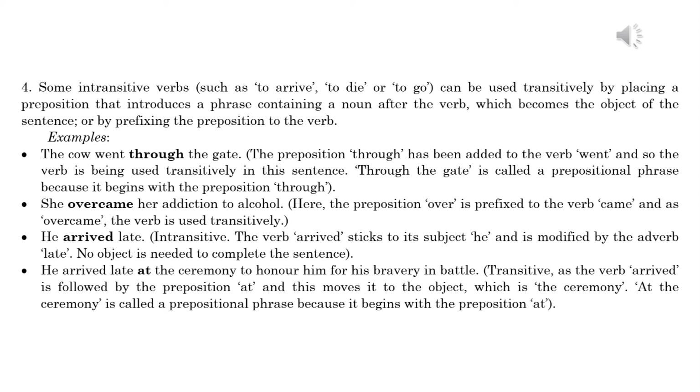No object is needed to complete the sentence. He arrived late at the ceremony to honor him for his bravery in battle. Transitive, as the verb arrived is followed by the preposition at, and this moves it to the object, which is the ceremony. At the ceremony is called a prepositional phrase because it begins with the preposition at.